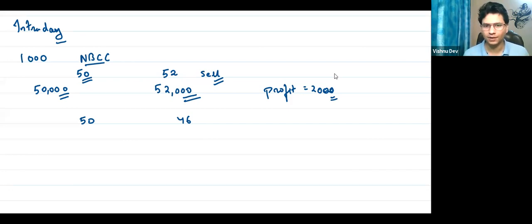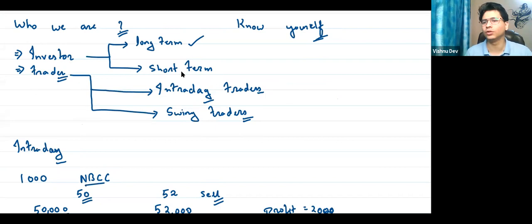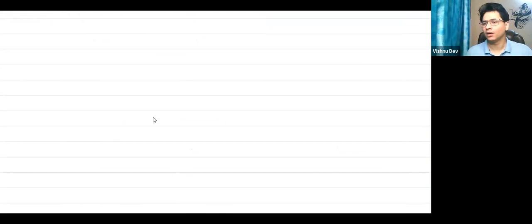So when you talk about a smart or intelligent investor, if you want a 100% profit, first pick a good stock, and you should know which price is a good price. We will talk about those things. So this is the first thing you should know: yourself, what kind of person you are.